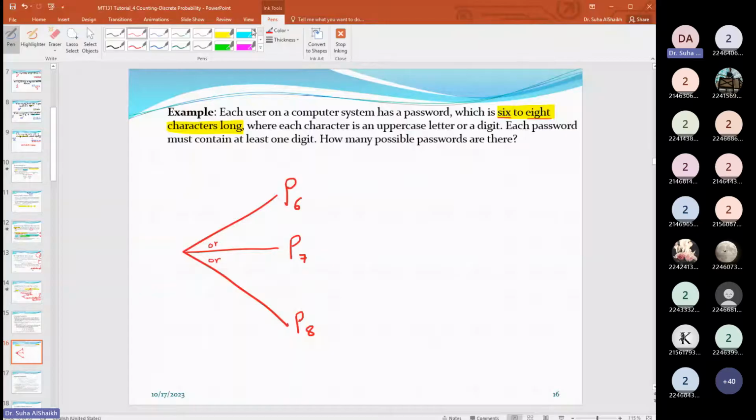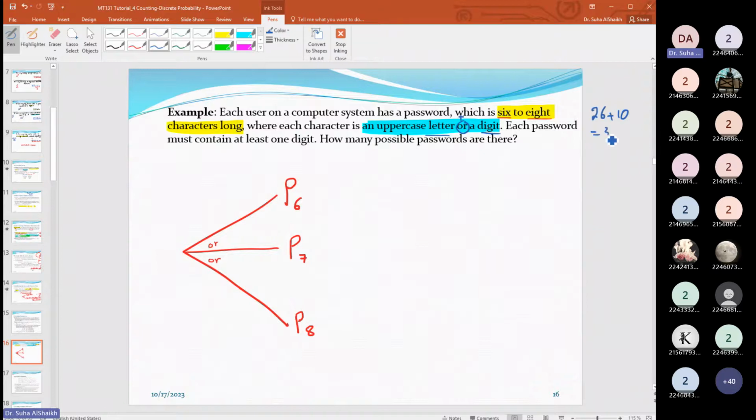Moreover, what did they say? Where each character is an uppercase letter or a digit. So for each empty place, I either put a letter or put a digit. The "or" tells me I'm going to add. Letters, how many letters do we have? We have 26. Digits, how many digits do we have? We have 10.